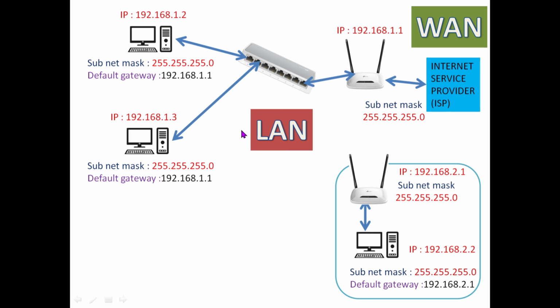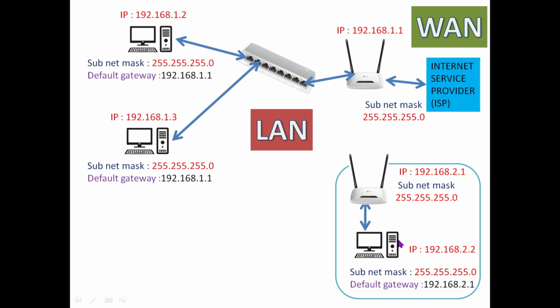This network cannot communicate with the other network, since the IP addresses in this network start with 1 and here it is 2. So these two networks cannot communicate with each other. They cannot share files and printers between these two networks.